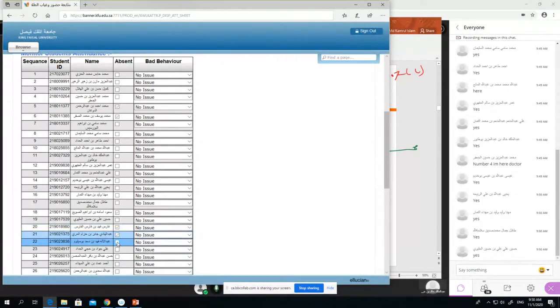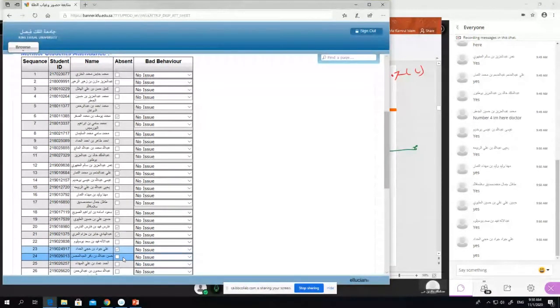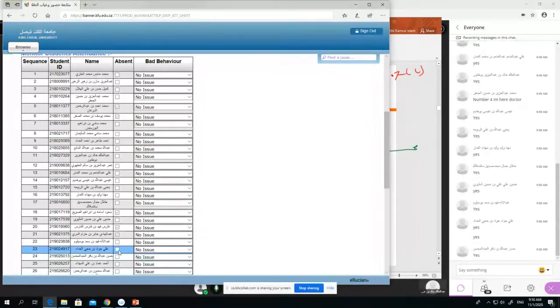Abdul Ilah Fahad, Ali Jawad bin Haji, Ali Jawad, absent. Hussain Abdullah. Ali Jawad is here. Hussain Abdullah also here.